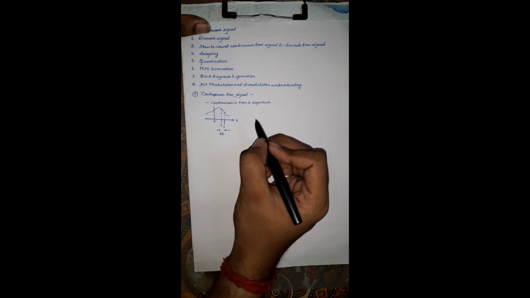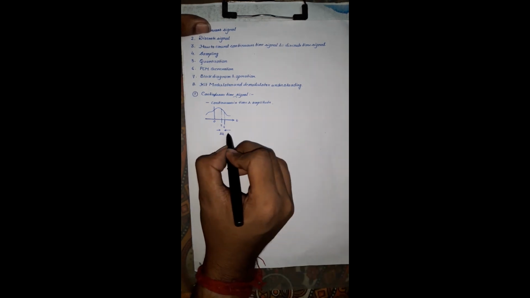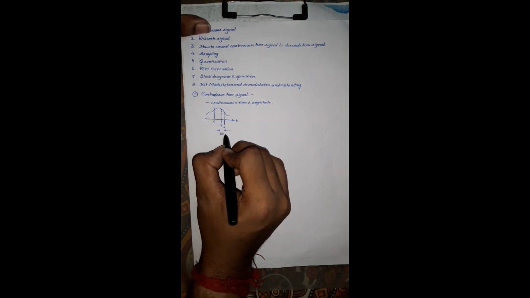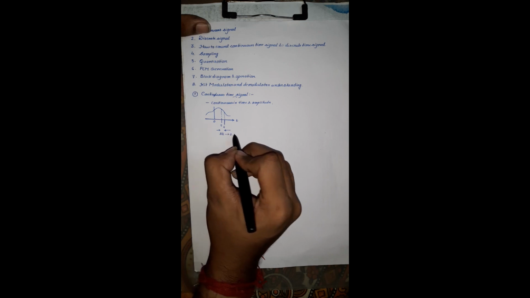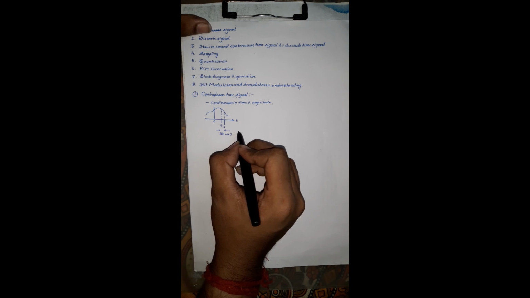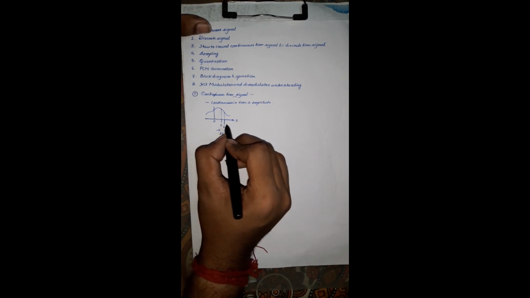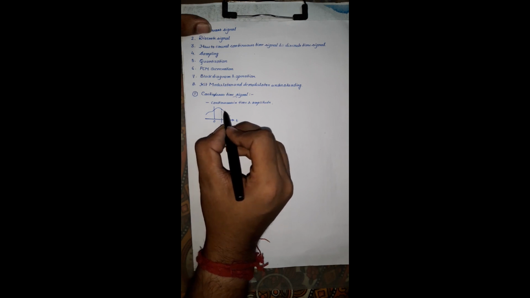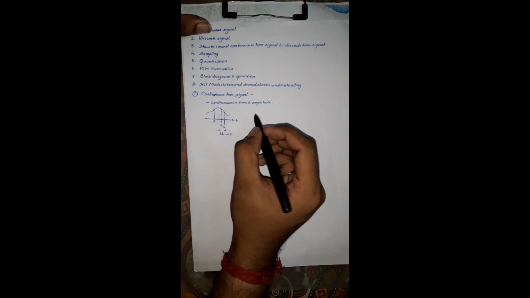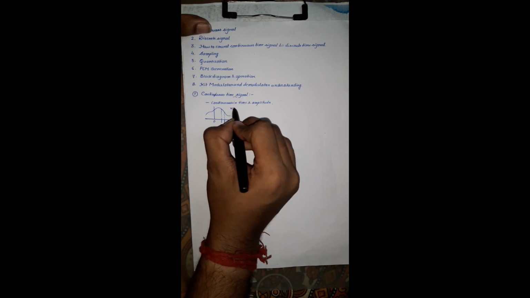If you pick this type of time instances, then even if this difference tends to 0, the values of the amplitudes are still not the same. That means for smaller and smaller differences you will find different values of this signal. That is, x(t) is a continuous time signal.